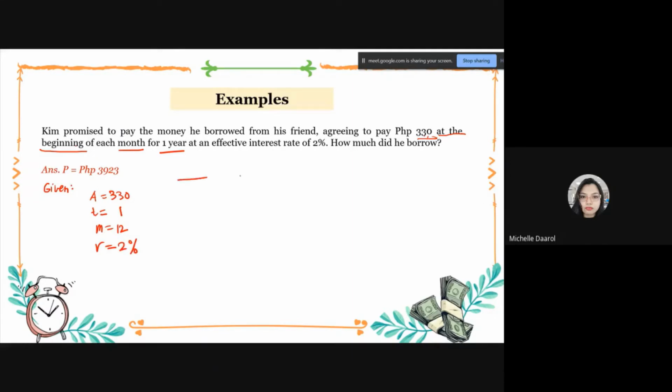So if we are to draw the cash flow, so everything is brought at the beginning. So, dadalhin na ito sa present kasi tinatanong naman, how much did he borrow? So, present ang ating hahanapin.